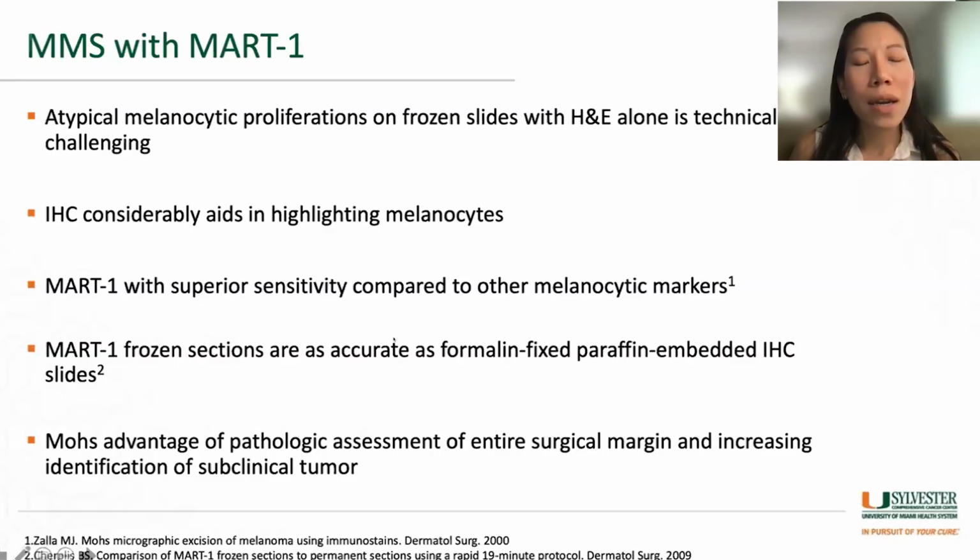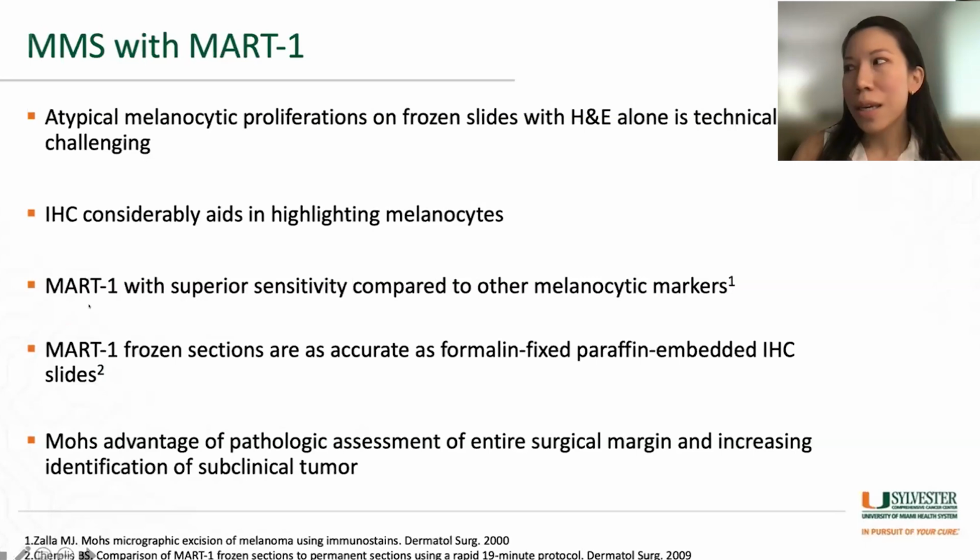So Mohs with MART1: why is the special stain needed? It's because atypical melanocytes are very difficult to visualize in conventional frozen section, which is hematoxylin and eosin. So we rely on the immunohistochemistry stain to aid in highlighting the melanocytes or melanoma.